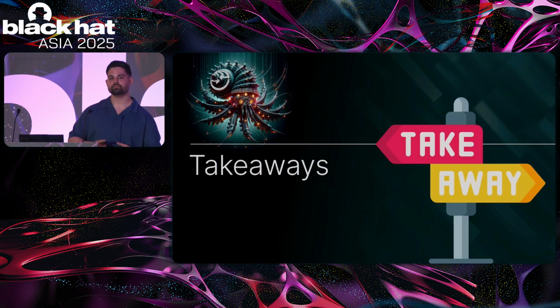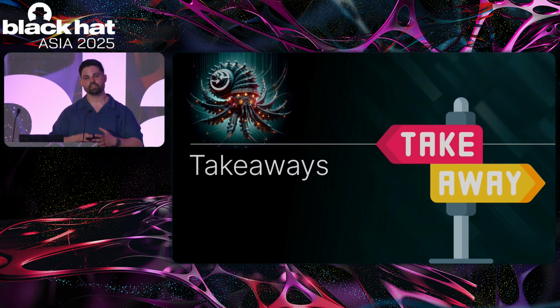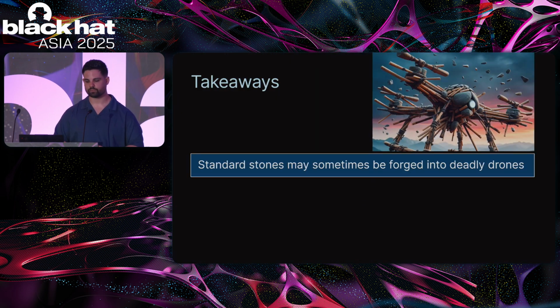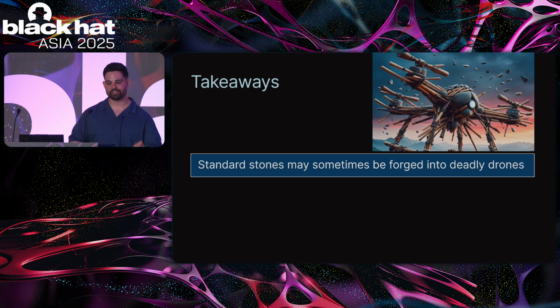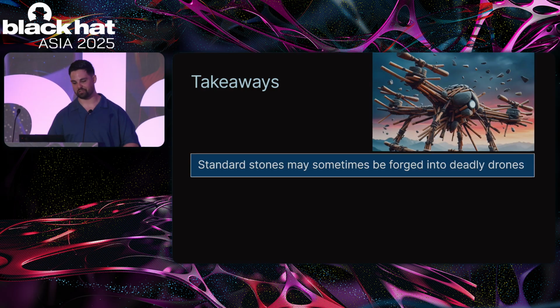Okay, so by now we probably covered every technical aspect that we can cover, and now it's time to talk about the takeaways, which are just as important. Our first and most significant takeaway is that standard stones may sometimes be forged into deadly drones.